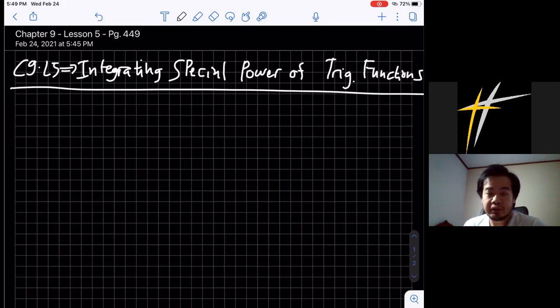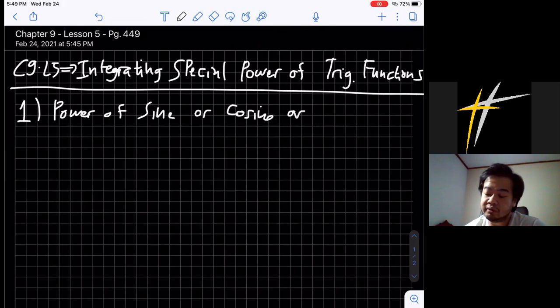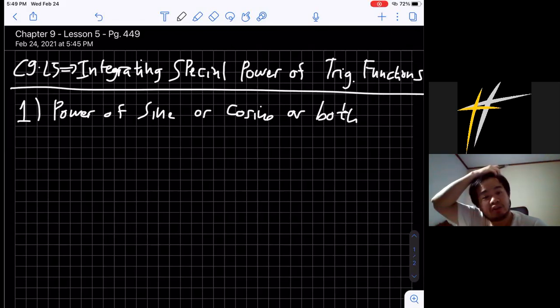Okay, so let's start with the first one. The first one is when you have a power of sine or cosine or a combination of both of them, like for example, sine square x, cosine cube x, or even sine square x, cosine square x.